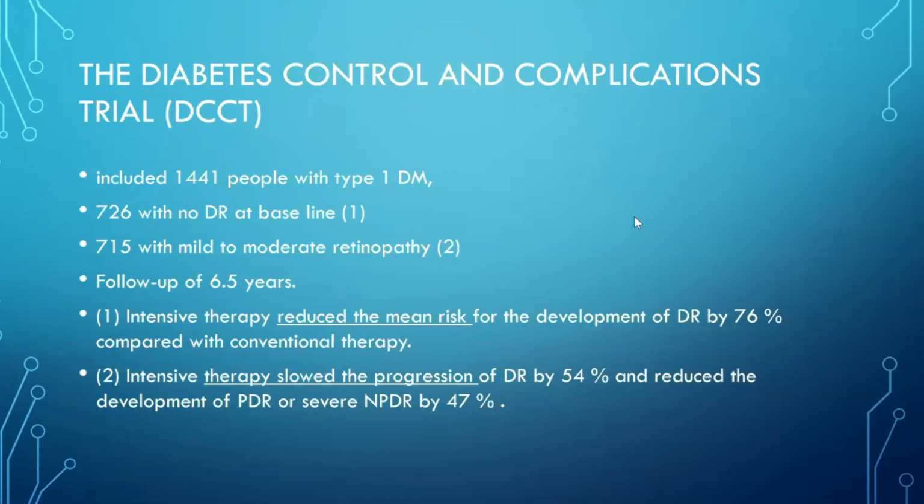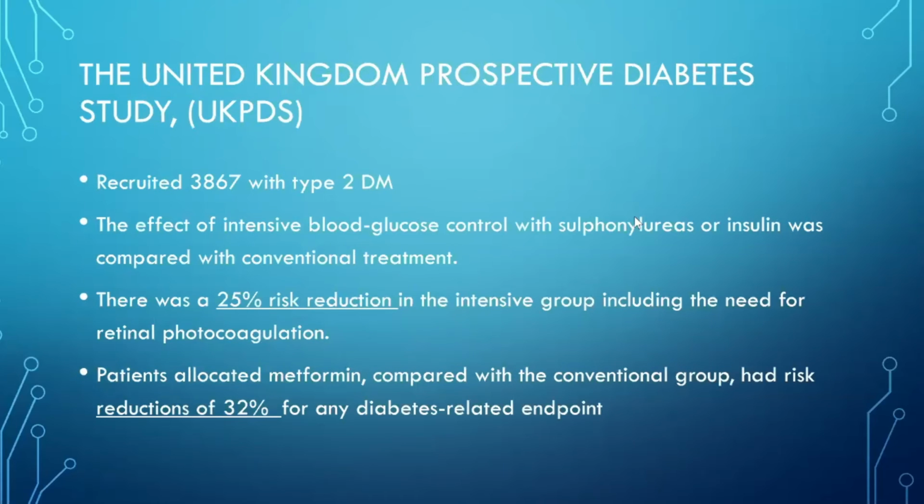In the second group, who had mild to moderate changes on the back of the eye, it slowed the progression of diabetic retinopathy by around 50%, and for severe non-proliferative diabetic retinopathy around 47%, so around 50%. So that's a good reduction.